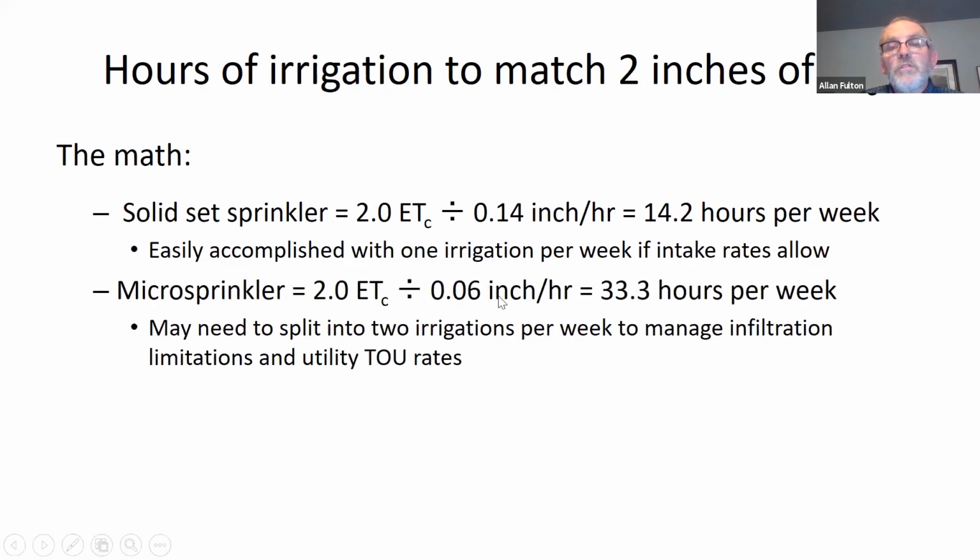With micro sprinklers, with the lower water application rate, it would be over 33 hours to apply that same amount of water. So in this instance, you are applying the same amount of water, but you're irrigating differently. You may need to split into 2 irrigations per week to manage the infiltration and the time of use rates of your utility company.